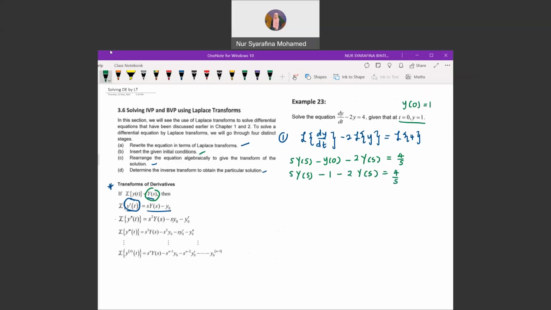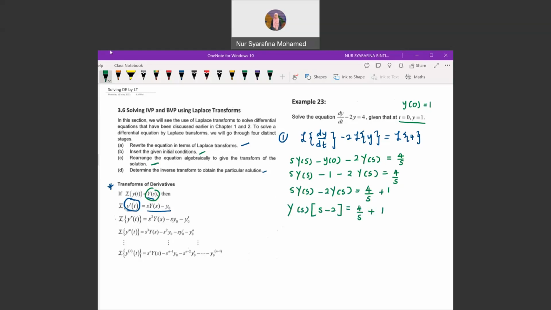And then rearrange the equation algebraically to give the transform of the solution. So we put the function of s, of Y(s) here. So rearrange, and then we have 4 over s plus 1. So factorize Y(s) here. We have s minus 2 here.